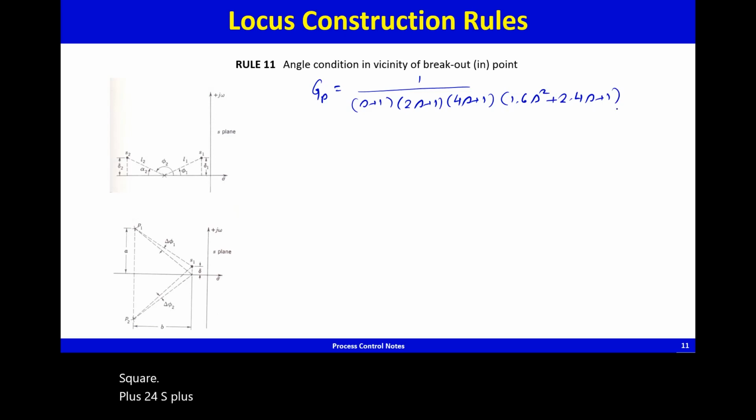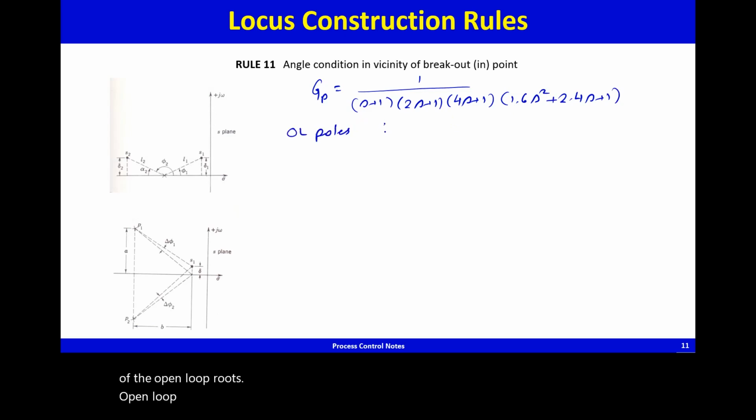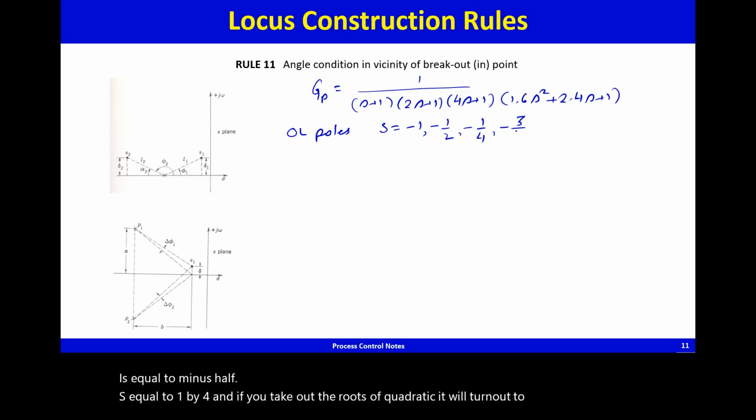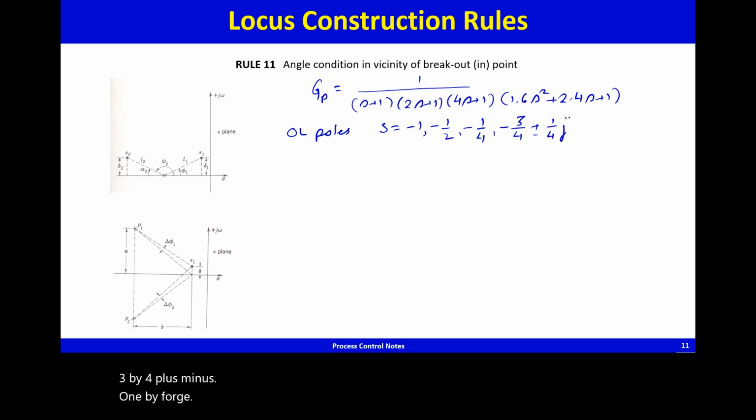If you take the quadratic roots of this, you will find the open loop poles are s equal to minus 1, s equal to minus half, s equal to minus 1 by 4, and the roots of the quadratic turn out to be minus 3 by 4 plus minus 1 by 4 j. So it's a fifth order system, and there are going to be 5 asymptotes.